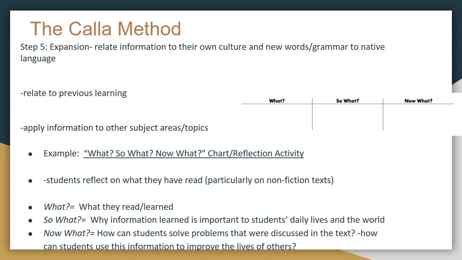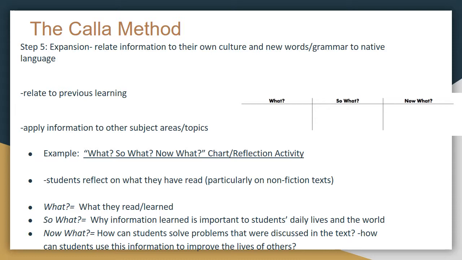I included a picture of it, but during this activity, students would first reflect on what they learned or what they read. Then they would think about so what. The so what is like, why is this information important? Why would it affect the students' daily lives, and how would it affect others and the world in general? Next will be the now what stage.